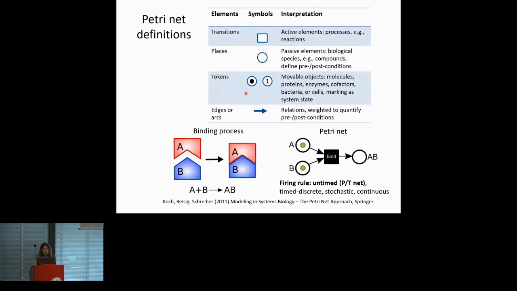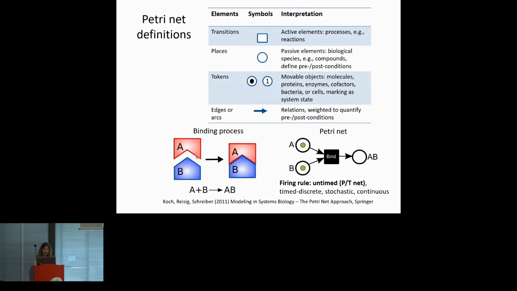And we have movable objects, the so-called tokens, and that could be molecules, proteins, and that are discrete objects and are indicated by black dots or by a number. And the distribution of these tokens over all places in the network define a system state and is also called marking. And then we have the edges defining relations. They could be weighted to quantify the pre and the post conditions.